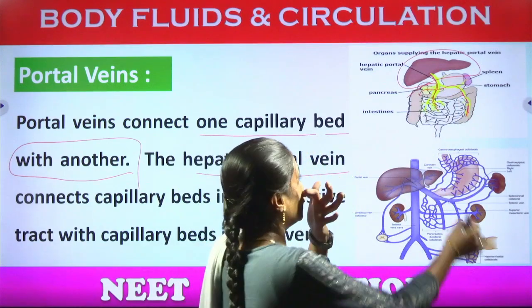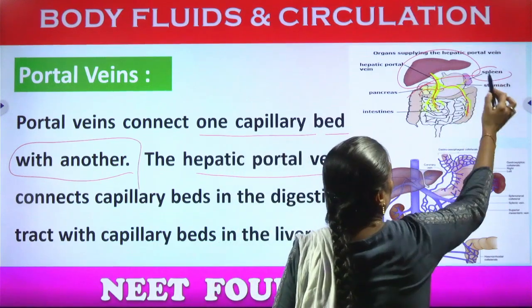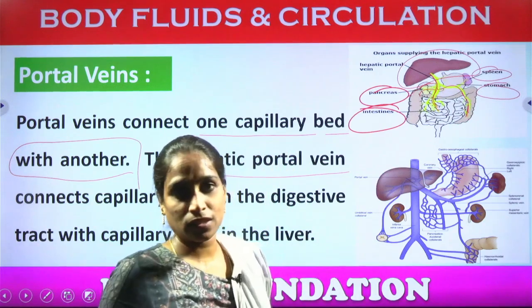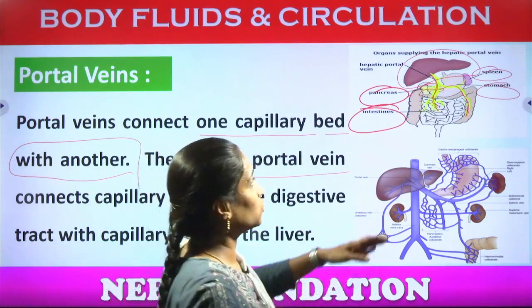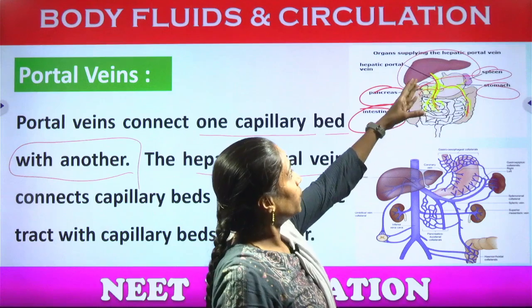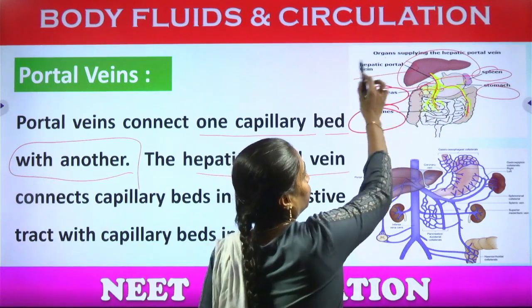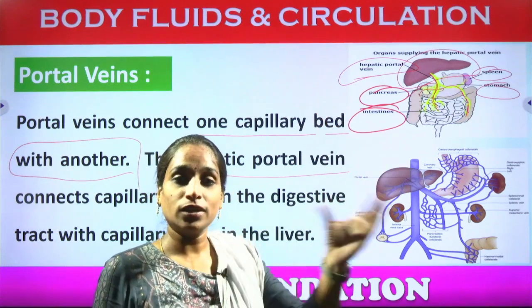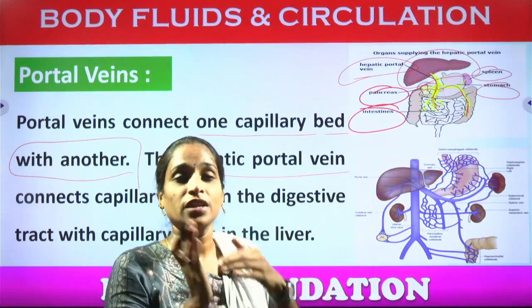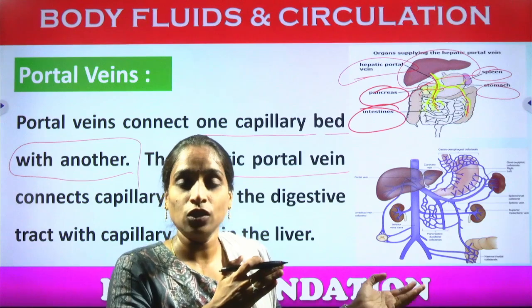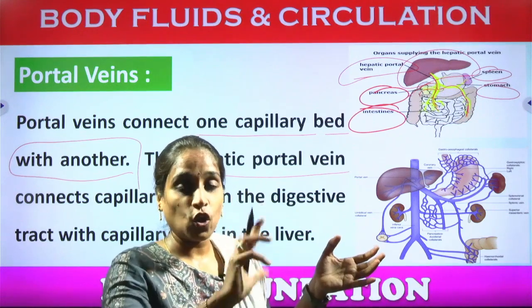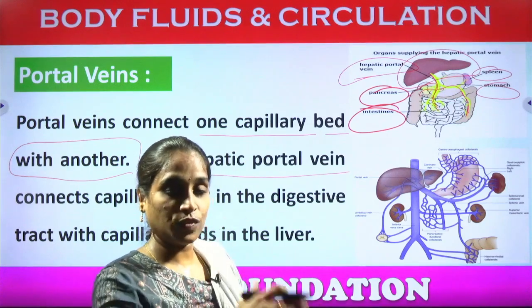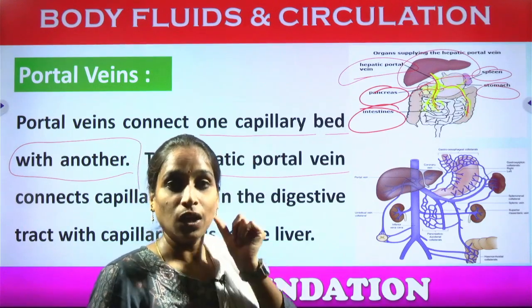Not only the digestive system, but the spleen, the stomach, the pancreas and also the intestines send substances towards the venules, which lead to the hepatic portal vein. The liver receives that and alters the substances that are dangerous to the organs, and then sends them on to the veins, which carry the blood towards the heart.